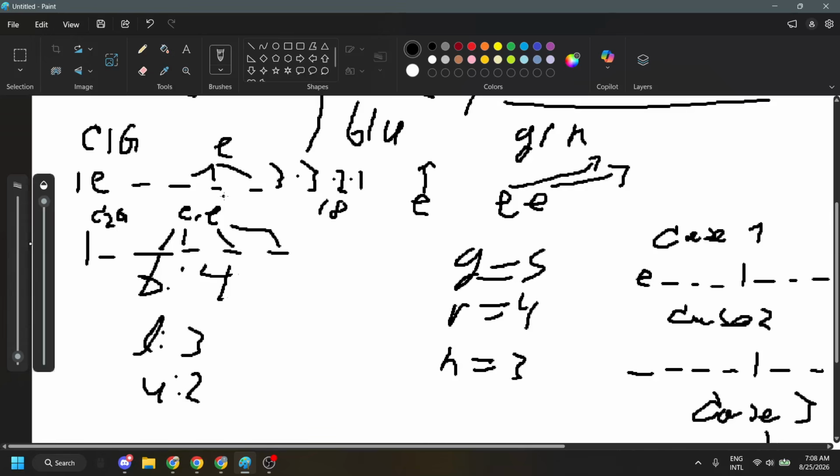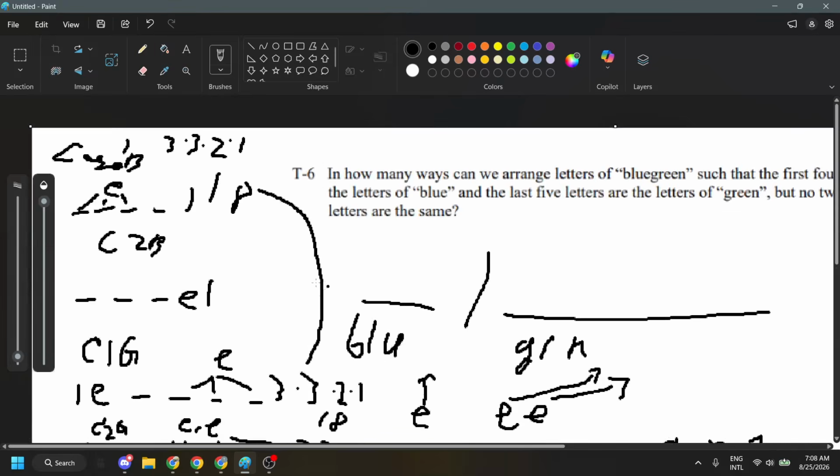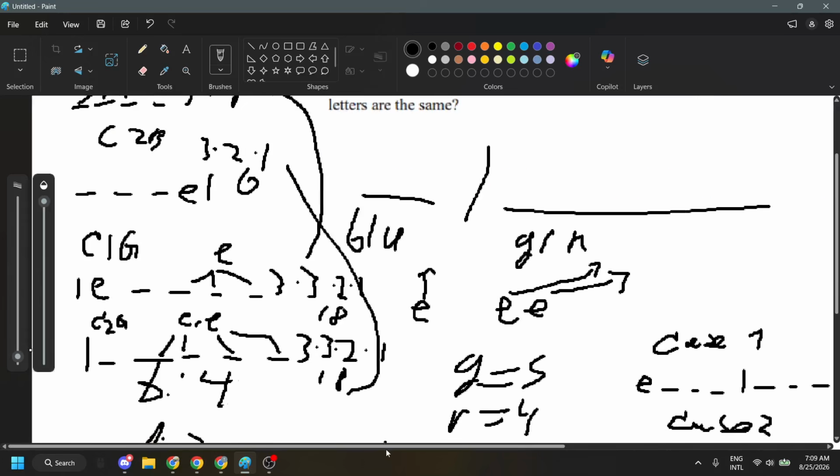So for the two E's, there's only 3 options. Then for the other ones, once we pick the two E's, there's 3 for that, 2 for that, and 1 for that. So we have another 18. Here, we pick the E, then we have a 3 for the B, 2 for the L, 1 for the U. This is 6. And then these two match with this.